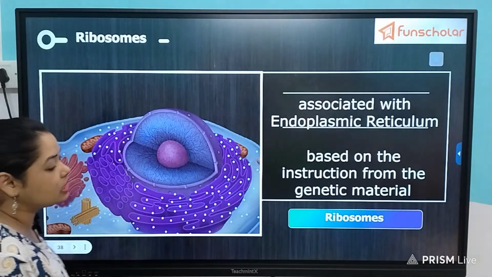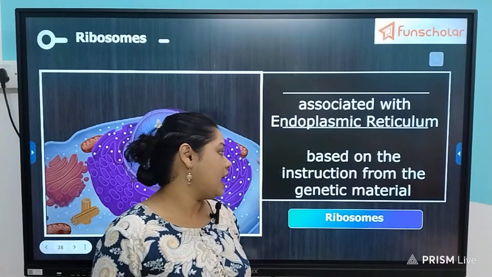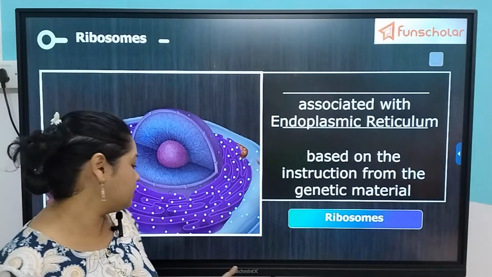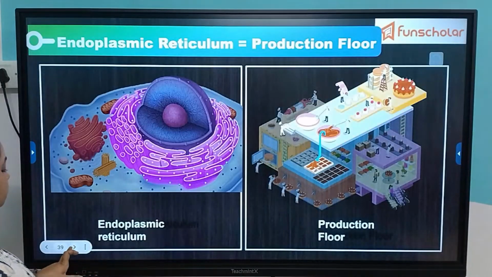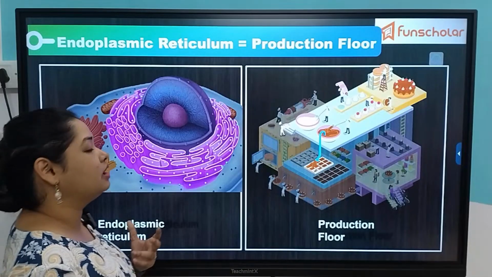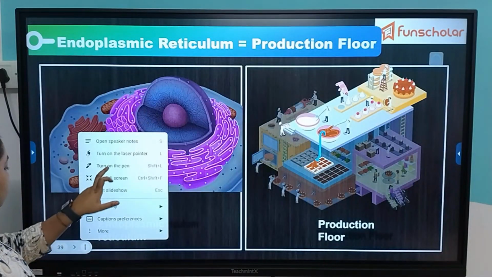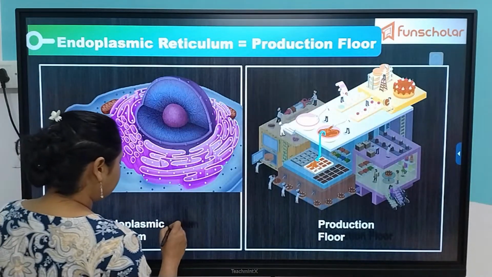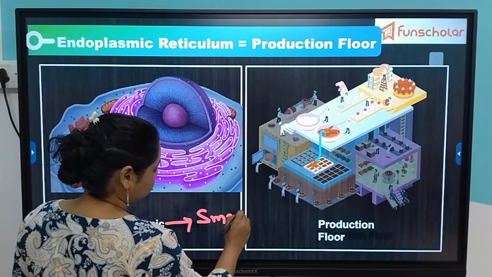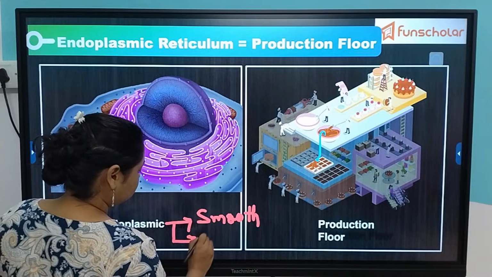The ribosomes are also associated with the endoplasmic reticulum, and so there are two types of endoplasmic reticulum that we'll now see. Endoplasmic reticulum is of two types. One is smooth, one is rough.